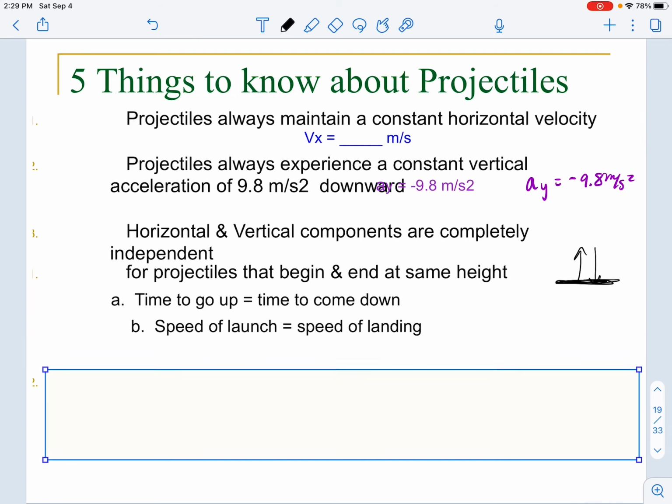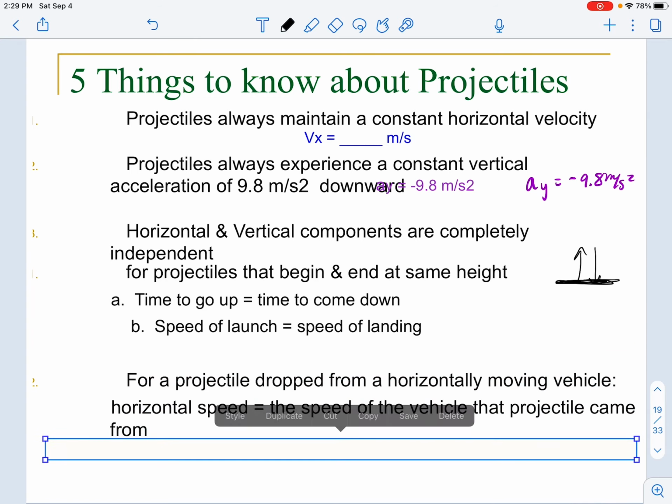And then this is a very specific situation here, but it says for a projectile that is dropped from a horizontally moving vehicle. So if I have an airplane and that airplane is carrying a package, and this package needs to be delivered by air. If this airplane is traveling with a velocity of 200 meters per second, well, that package is also traveling with a horizontal velocity of 200 meters per second.